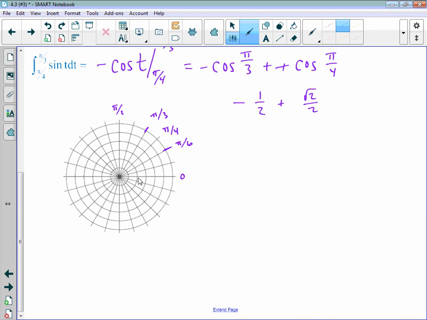So knowing where the spots are is the first thing that you need to make sure you know. And then knowing the spots, there's different ways that people memorize this, so I'll just kind of point them out, and then you can go, oh yeah, that's how I remember it. When you write these coordinates, a lot of times people think 1, 2, 3. So this one's a half, and then square root of 2 over 2, and then square root of 3 over 2.